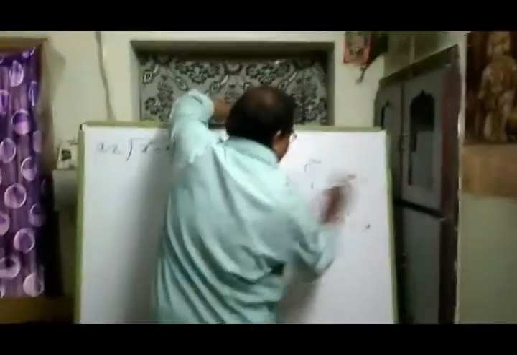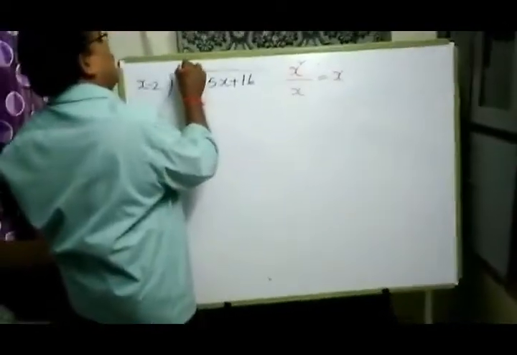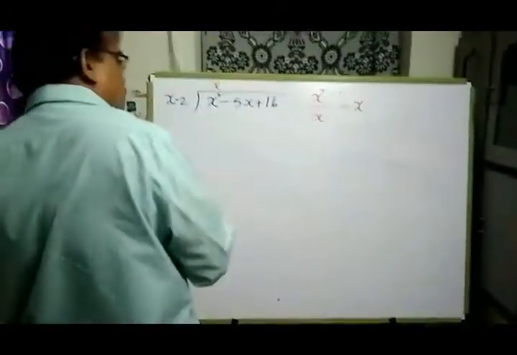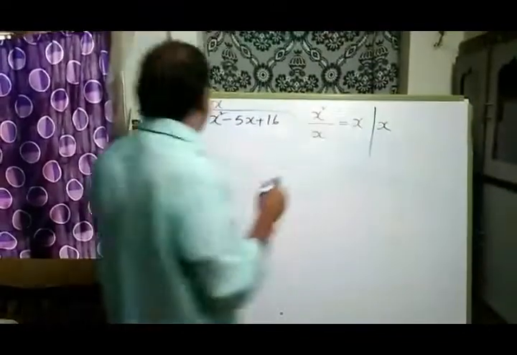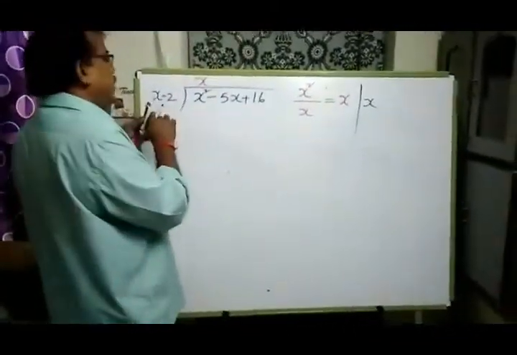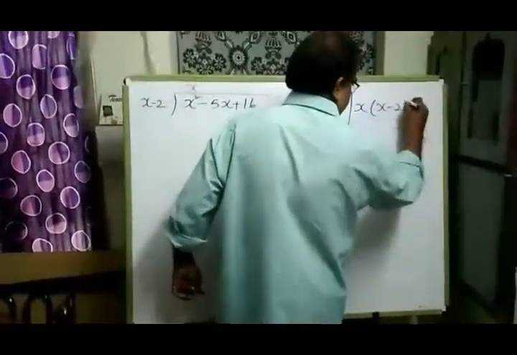Now this is the partial quotient. In the quotient place, you write the partial quotient x. After that, this partial quotient into the divisor, x minus 2.